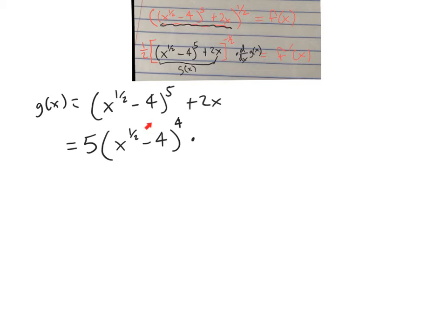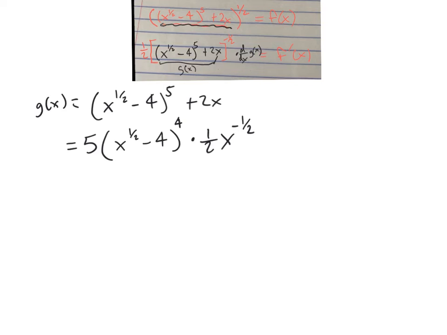So now I take the derivative of this. The derivative of x to the 1/2: the 1/2 comes to the front, and then the base stays the same, but now I subtract 1 from the exponent. So that becomes 1/2 minus 1, and I get negative 1/2.